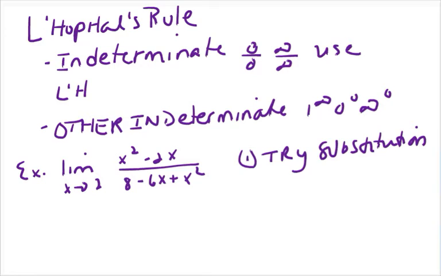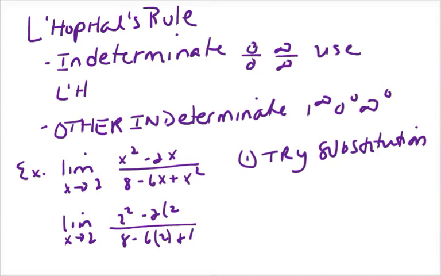So, substituting 2 in, you get 2 squared minus 2 times 2, over 8 minus 6 times 2 plus 2 squared. Well, you quickly determine that this limit doesn't converge to a constant.